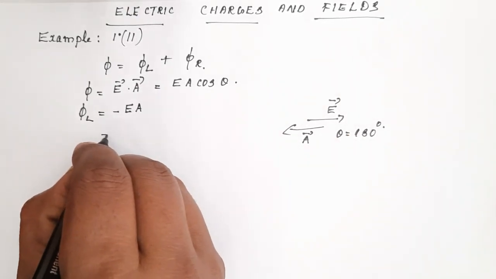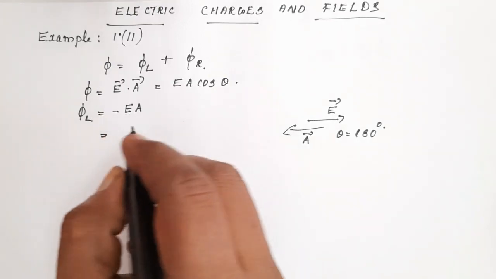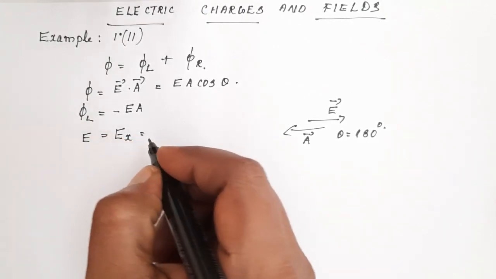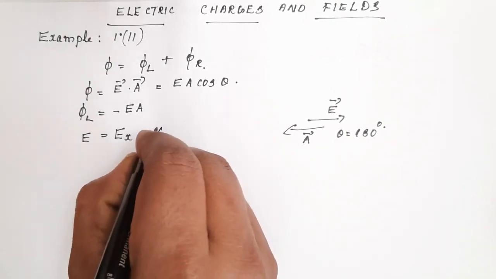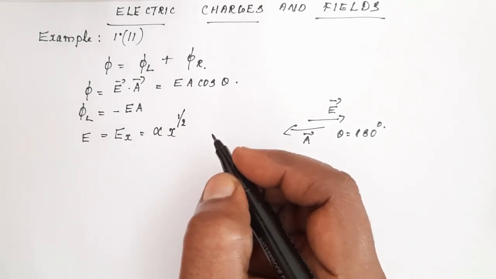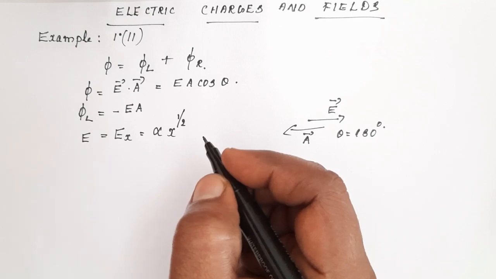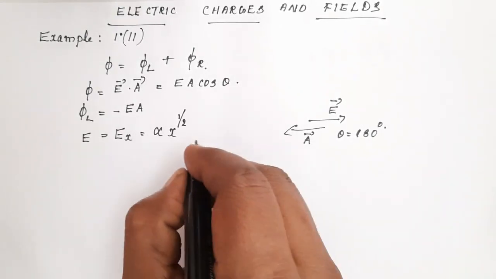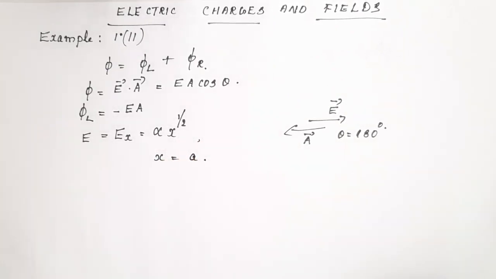Now we need to substitute for E and A. E will be equal to Ex, because the electric field is only in the x direction, and Ex is equal to alpha x raised to 1 by 2. As per the diagram, the left side is at a distance a from the origin, so for the left surface x is equal to a.